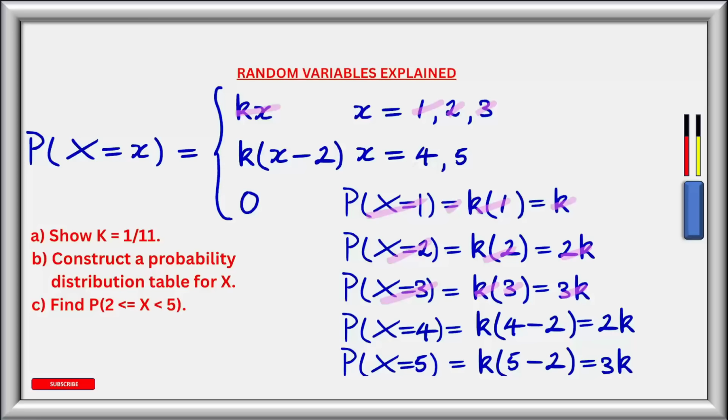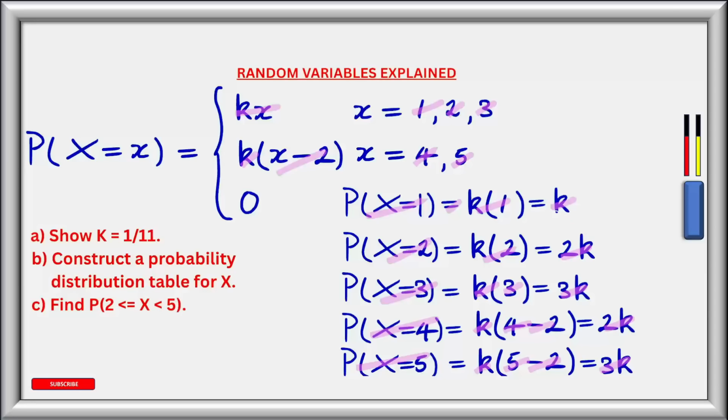So when x equals 4, this is now governed by the function k into x minus 2. So the probability of x equals 4 is equal to k into 4 minus 2. We've just substituted 4 for x, and this gives us 2k. And when x is equal to 5, we use the same function, k into x minus 2. So the probability that x equals 5 is equal to k into 5 minus 2, and this gives us 3k.